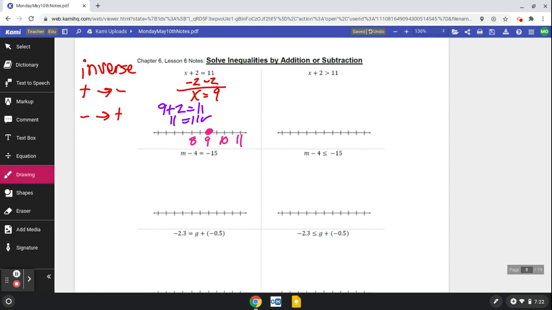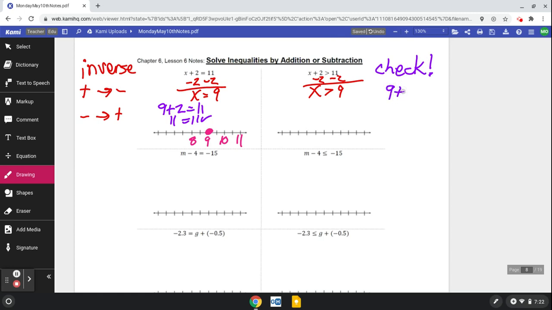Okay. Same thing though, the process is about the same. We still use our inverse operations, and now we say x is greater than or equal to 9. Then I can check my work again. Remember doing that checking, it's still important.